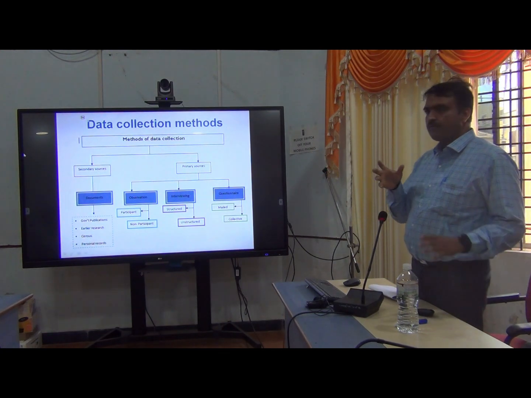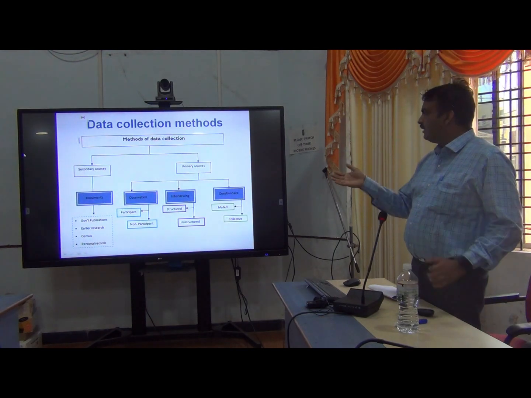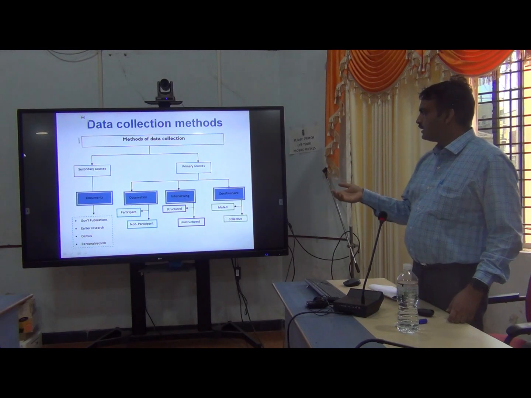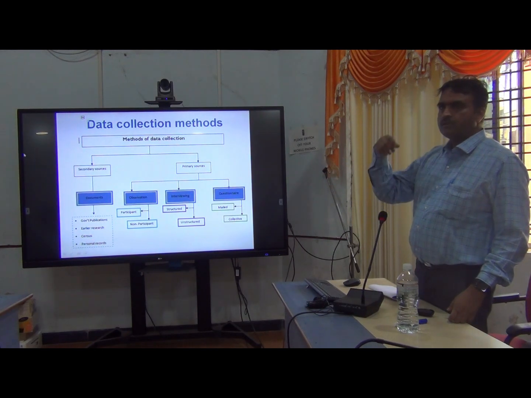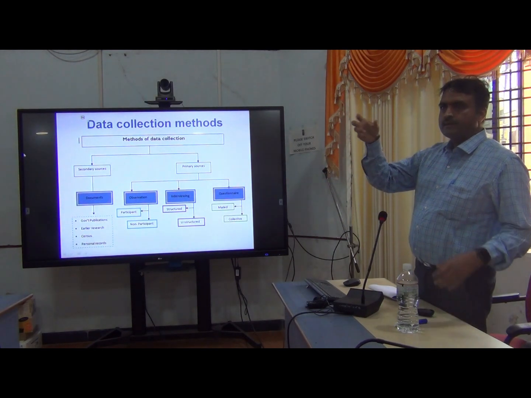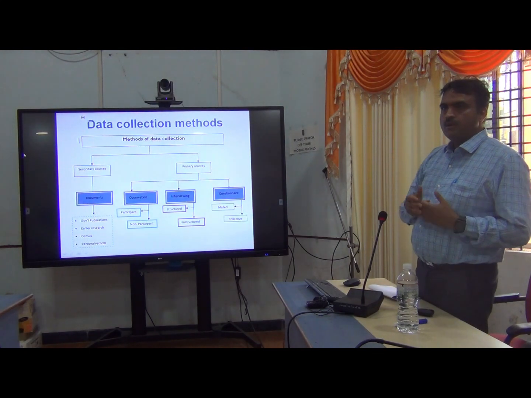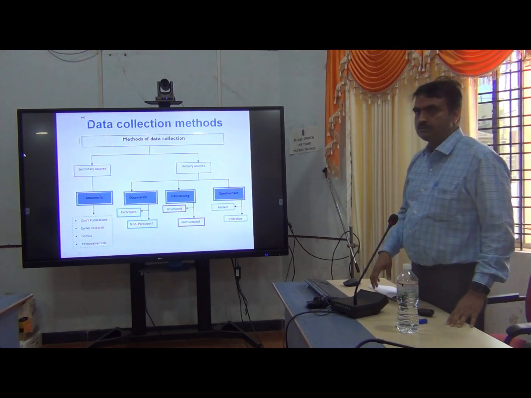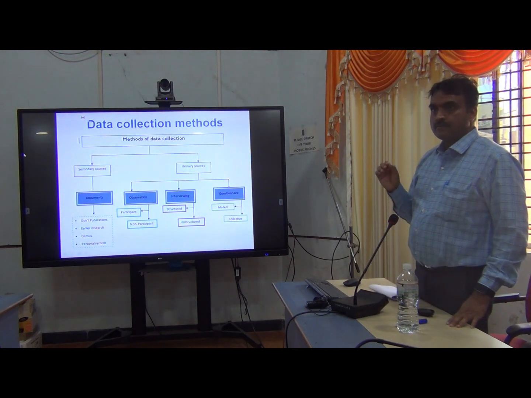Secondary information we collect through documents, especially government publications, as I already told, and earlier research. Suppose somebody has done the research, we are collecting data from them also. For example, we are doing one research for the IWS, intermediate water supply systems.